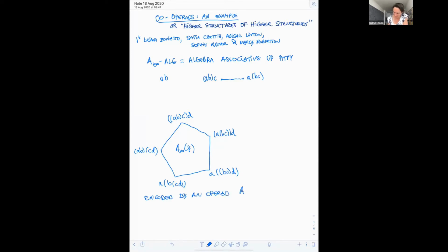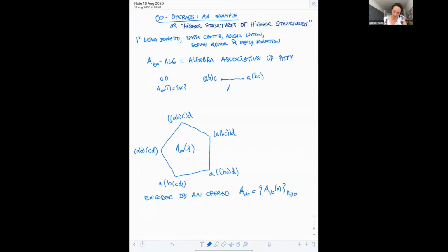So A infinity is a collection of spaces. This could be in the world of algebras, if one wanted to, but I'll stay with spaces. So A infinity of n, for n greater or equal to 0, where the n-th space records all the possible n-ary multiplications. Here A infinity of 1 is just a point, which is recording this one multiplication.